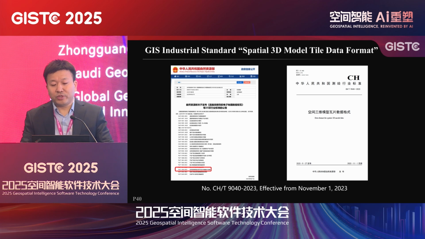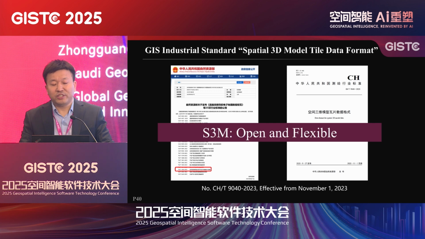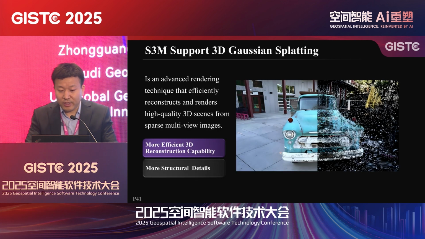S3M is a 3D model tile data format based on GIS industrial standard. It's open and flexible. And this year we upgrade the S3M version to 3.01. These are the new features in the new version.